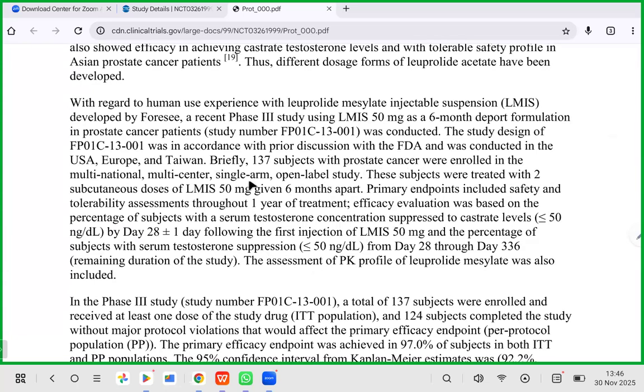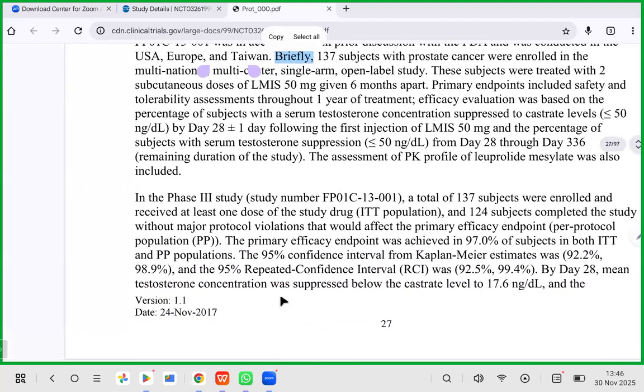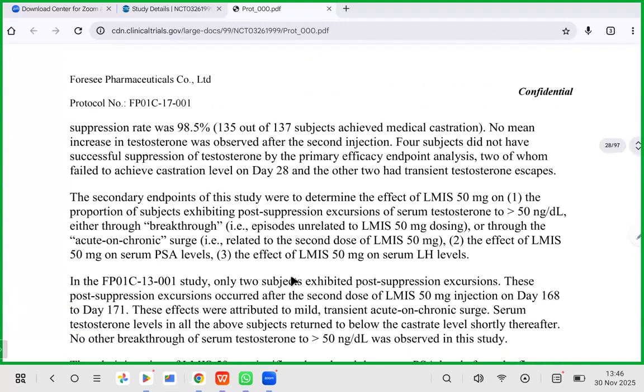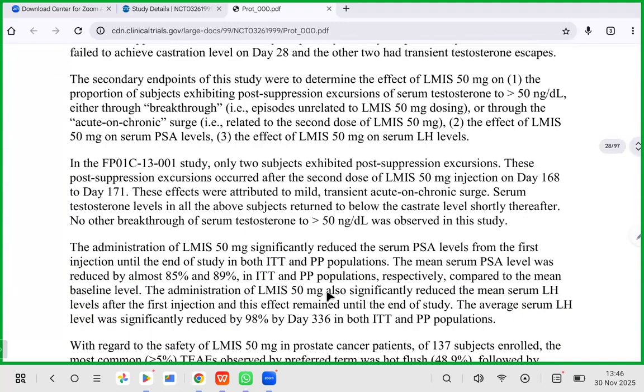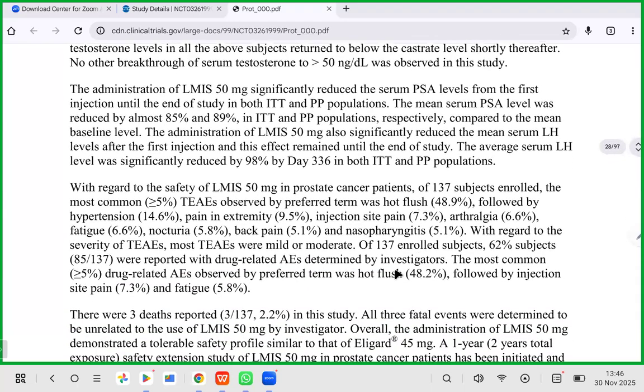So the programmers will read that there are 137 subjects in total, what the primary objective of the clinical trial is, and what the secondary objective of the trial is. Okay. So the programmers will first read this planning document, and then they will understand what the study is about. Okay.